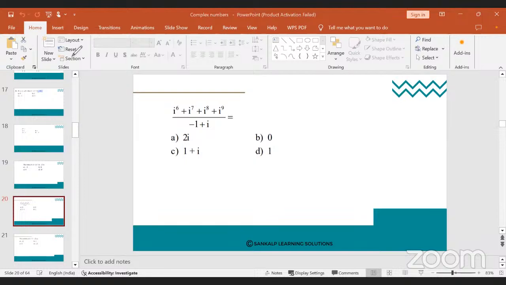Okay, students, i raised to 6 plus i raised to 7 plus i raised to 8 plus i raised to 9, upon 1 minus i. What is the answer for this? Next question. The question number is not printed over here, just make it one star. Yes, this is the question.